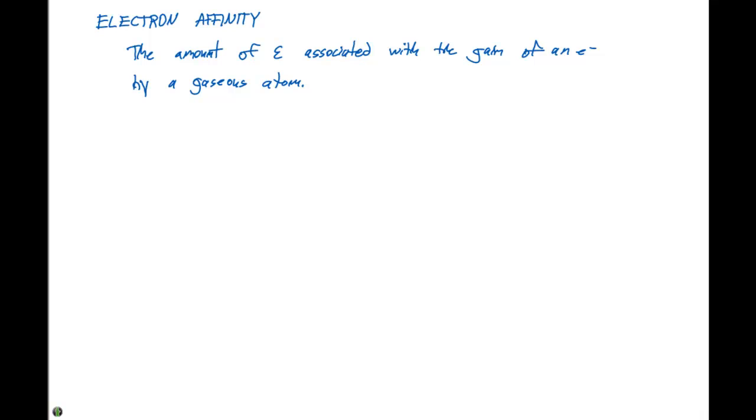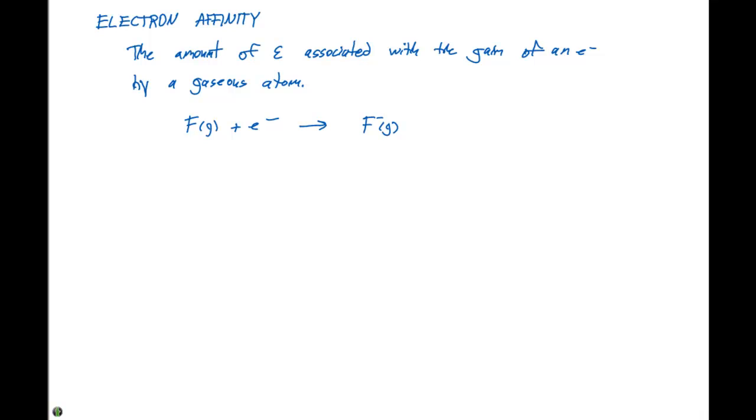So this is kind of the reverse of ionization energy, where ionization energy is the amount of energy required to remove the electron. Here, I take a particular atom, such as fluorine, and I'm going to give it an electron. Does the fluorine want the electron, or not?